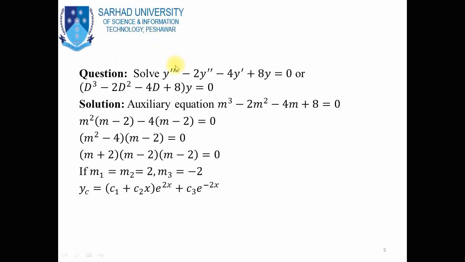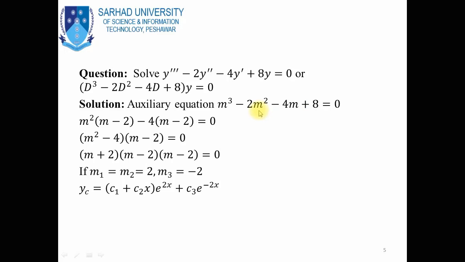Now third example, y''' minus 2y'' minus 4y' plus 8y is equal to 0, and this differential equation can be written as (D^3 minus 2D^2 minus 4D plus 8) y is equal to 0, and the auxiliary equation for this differential equation is m^3 minus 2m^2 minus 4m plus 8 is equal to 0.